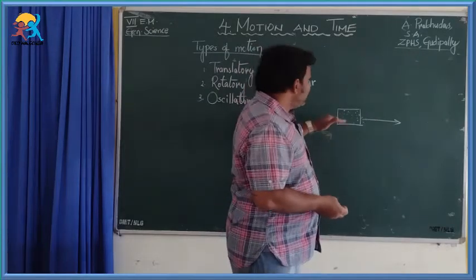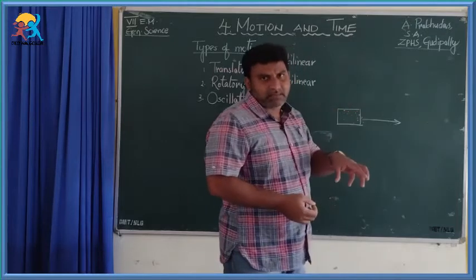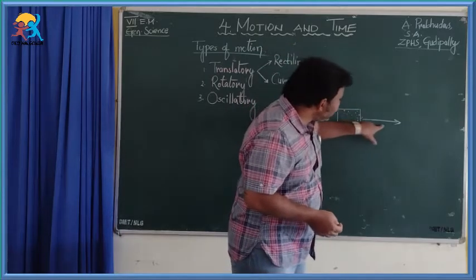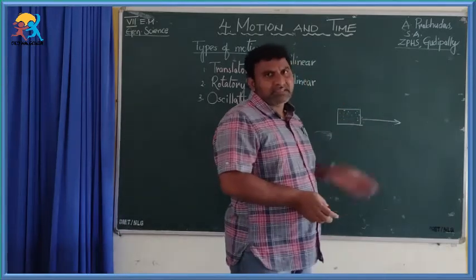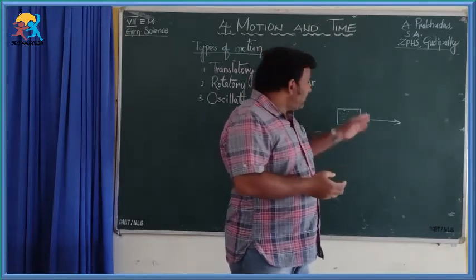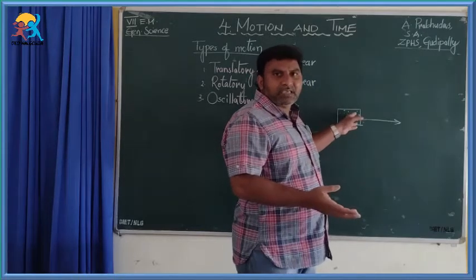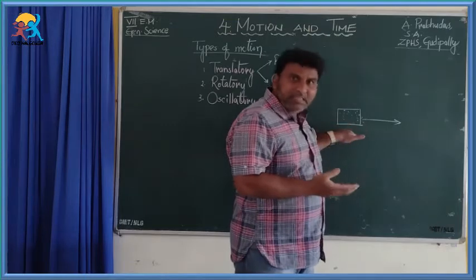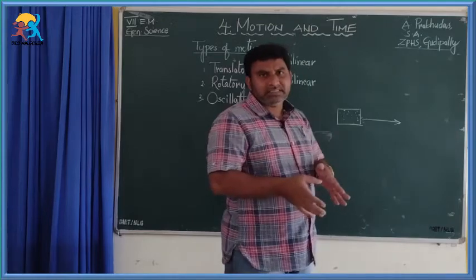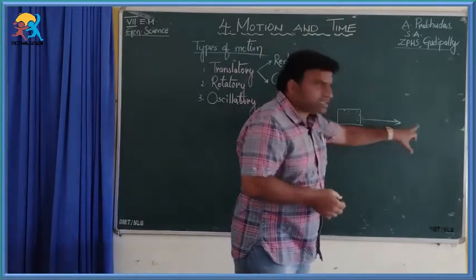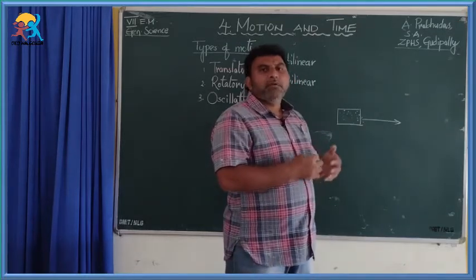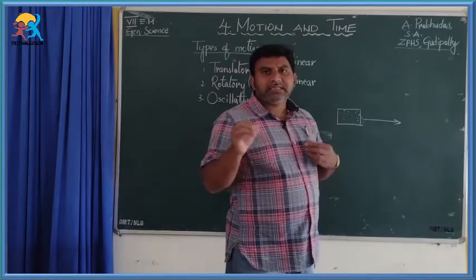For example, let us assume this to be a vehicle like a bus or car. If this vehicle is moving in this direction, all the parts present in this vehicle like steering wheel, seats, wheels, everything that is present in the bus, they move in the direction of the motion of the bus, and such type of motion is called translatory motion.